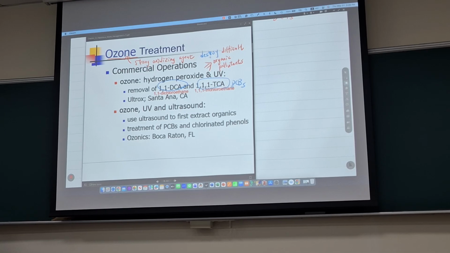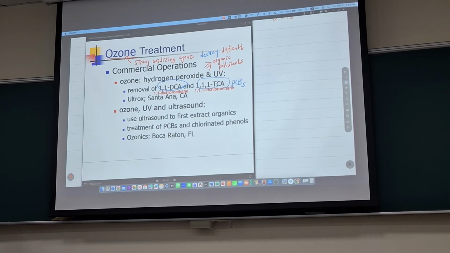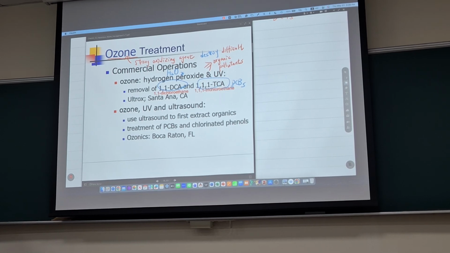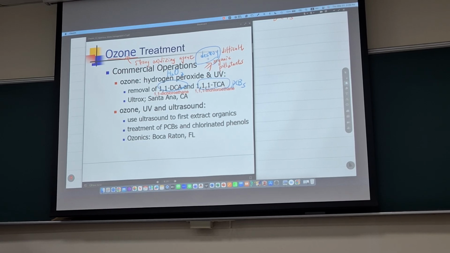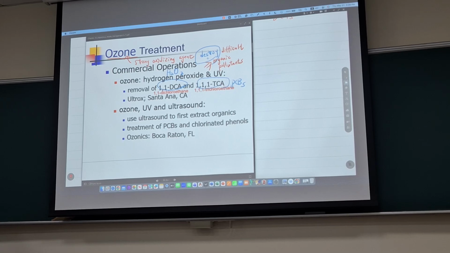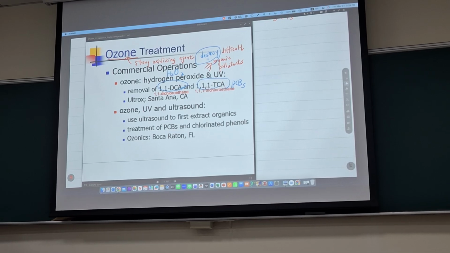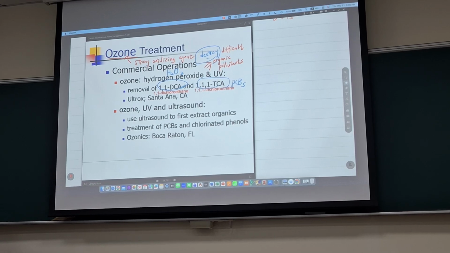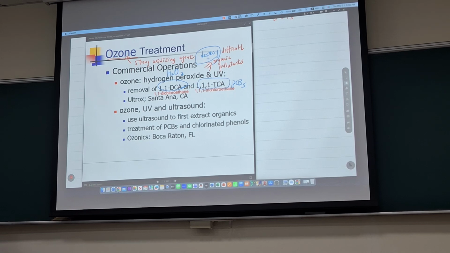We use ozone as a strong oxidizing agent, and ozone can combine with hydrogen peroxide and UV to become a very strong oxidation, so use that to destroy some tough organic pollutants, such as 1,1 DCA, 1,1 TCA, PCBs, or some chlorinated phenyls. All right?